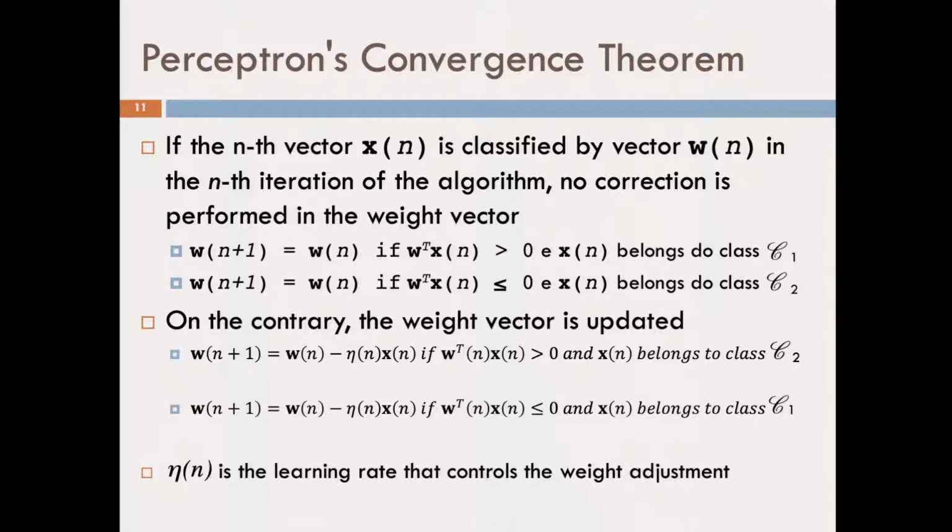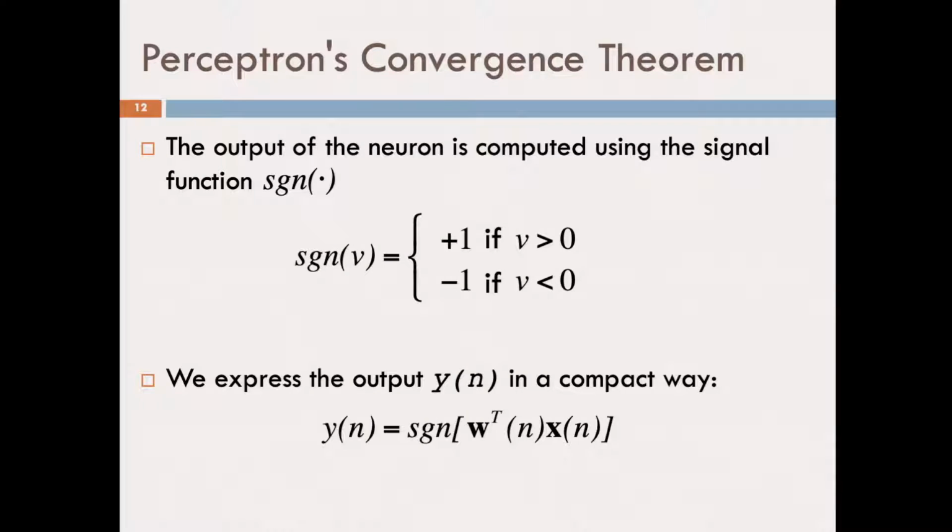The size of the learning rate controls the amount of updating we apply to the weights. The higher the learning rate, the faster the learning, but we can skip the concepts of global minimum and so on.